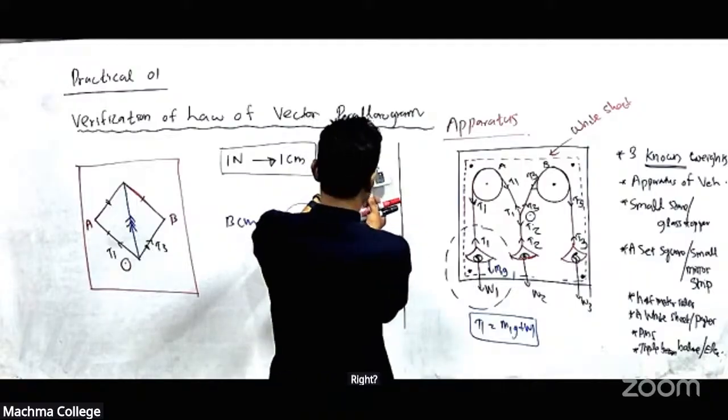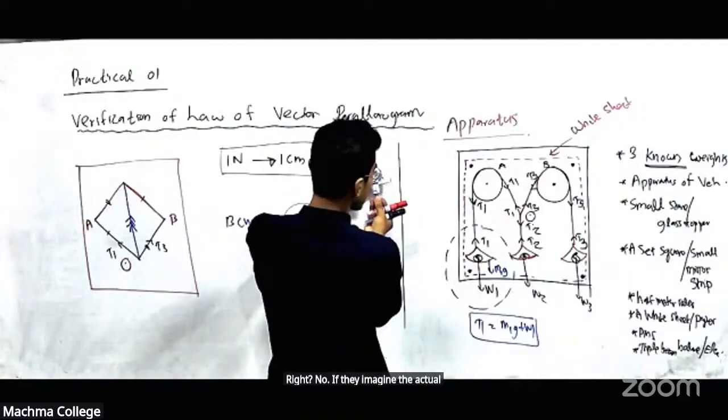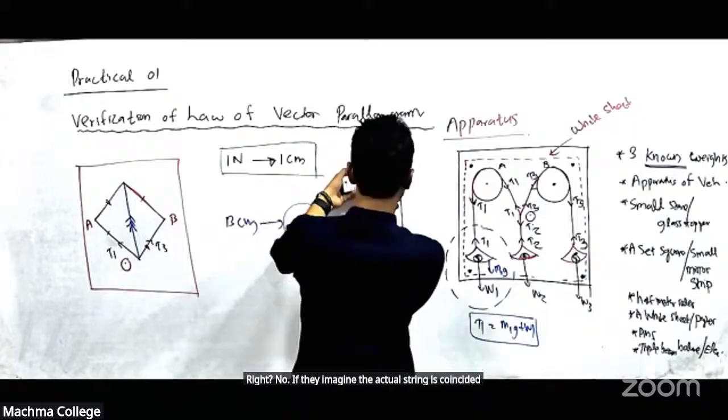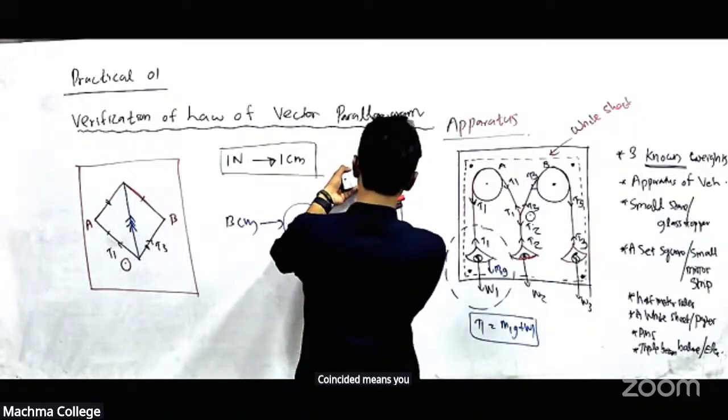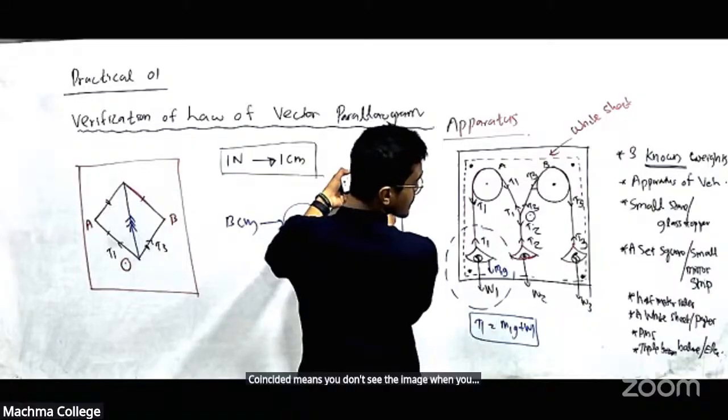Now, if the image and the actual string are coincided, coincided means you don't see the image when you look at it from the top, right?